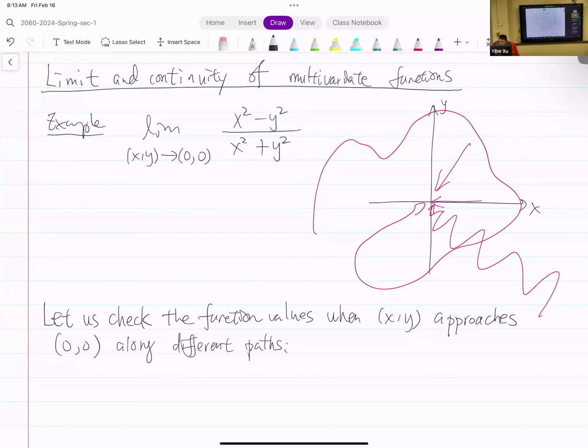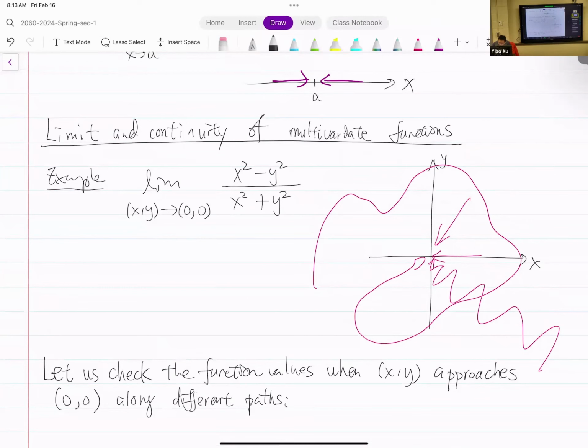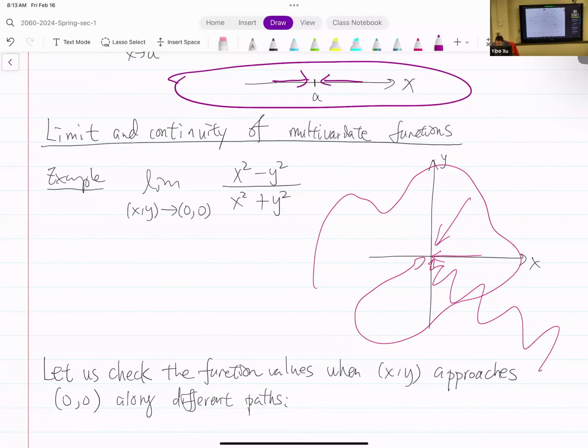But before we move on, for the univariate case, there are two possible directions that you can approach this input point, right? If you think about it, we have to have all the limits agree at the point. Now, in the two-dimensional situation, there are many possible directions.